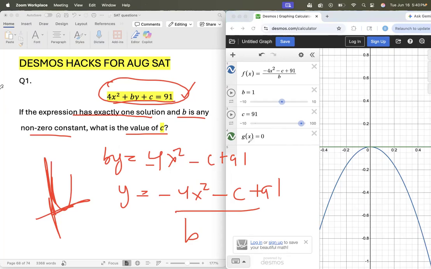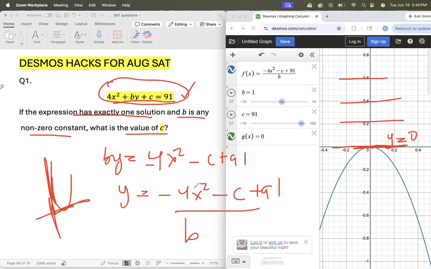I told you, exactly one solution. The graph has to attach to the line y equals 0. These are all y lines, x lines go up and down. And therefore, if this has to be y equals 0, the x also is going to be on this point equal to 0.